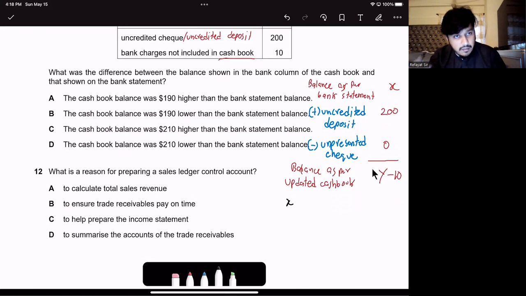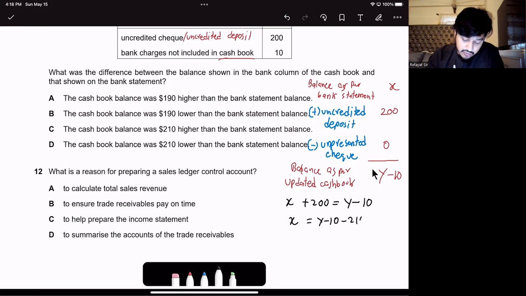X, which is the balance as per bank statement, plus 200 equals Y minus 10. Keeping X on the left side gives Y minus 10 minus 200, so X equals Y minus 210.